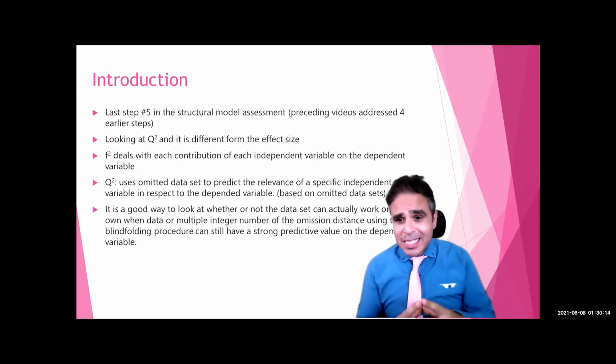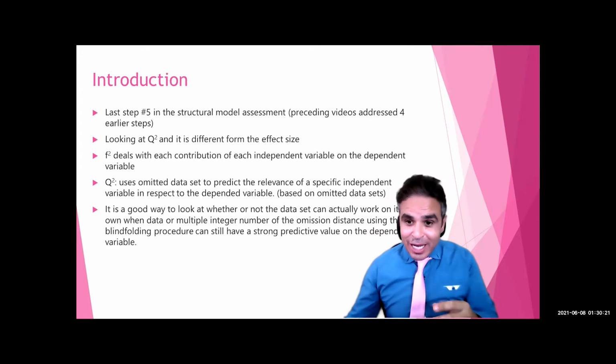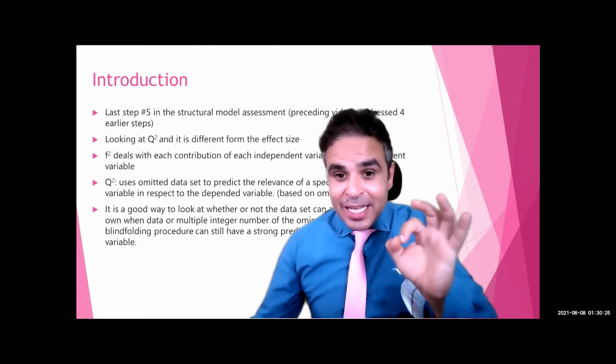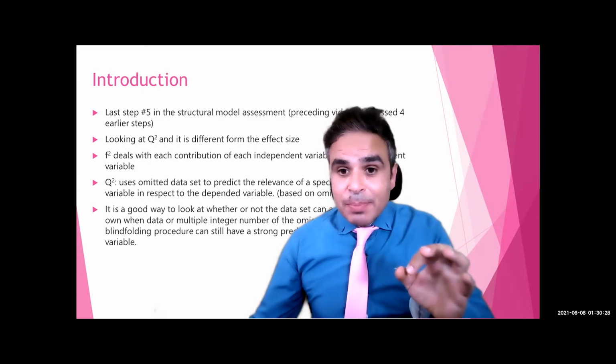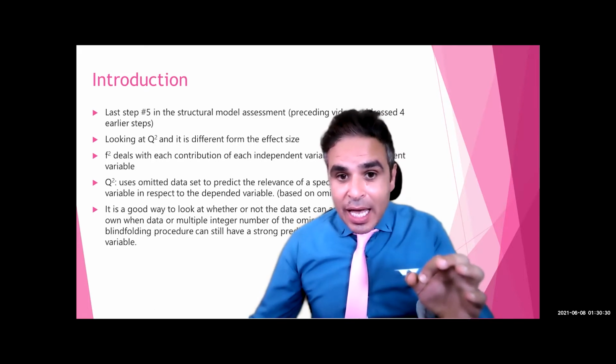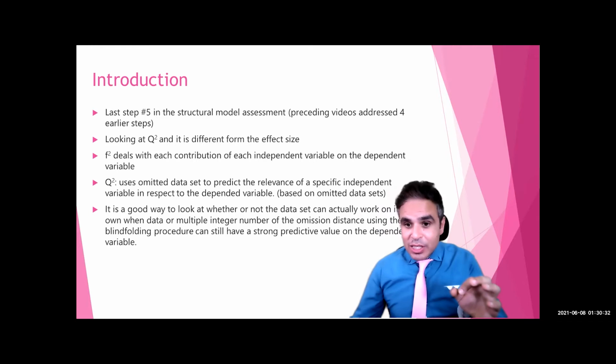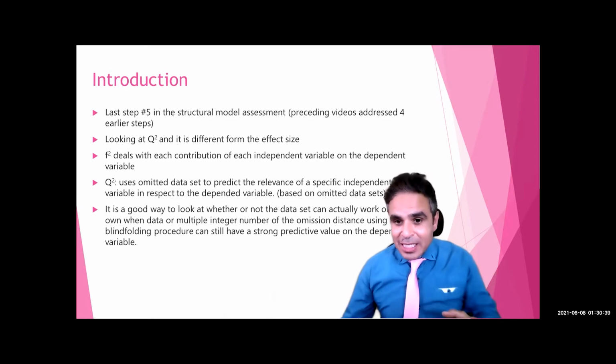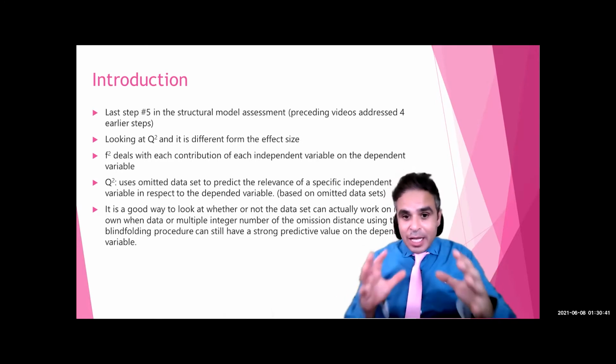Actually, SmartPLS does that through the blindfolding procedure. We'll come to this function in a bit. SmartPLS will use the blindfolding procedure in order to calculate the data omission at a specific distance.